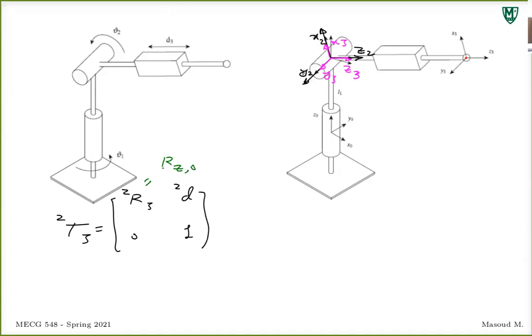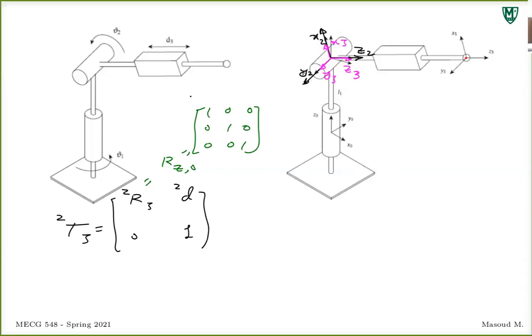It always gives you the same matrix. You plug in 0 for any rotation matrix, you should get the same matrix. So it's a pure translation: 1 0 0, 0 1 0, 0 0 1. There's no rotation there, and the translation is basically just D3.